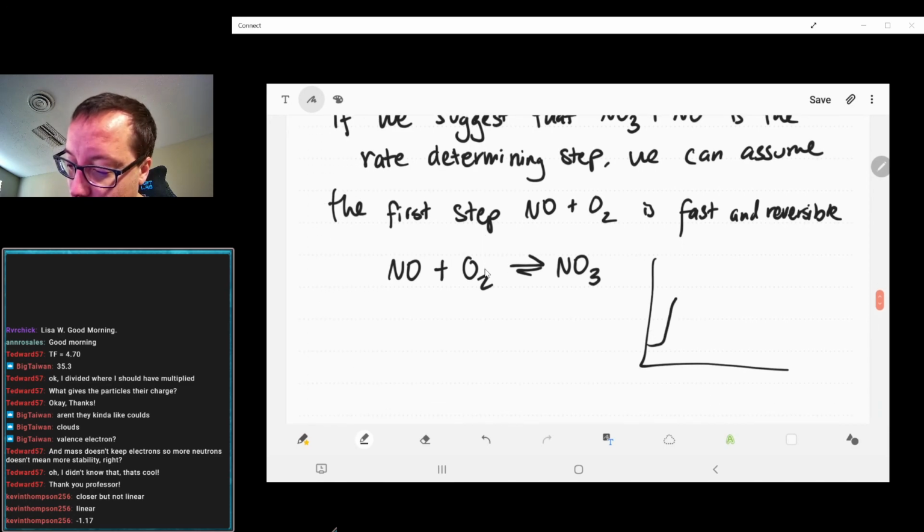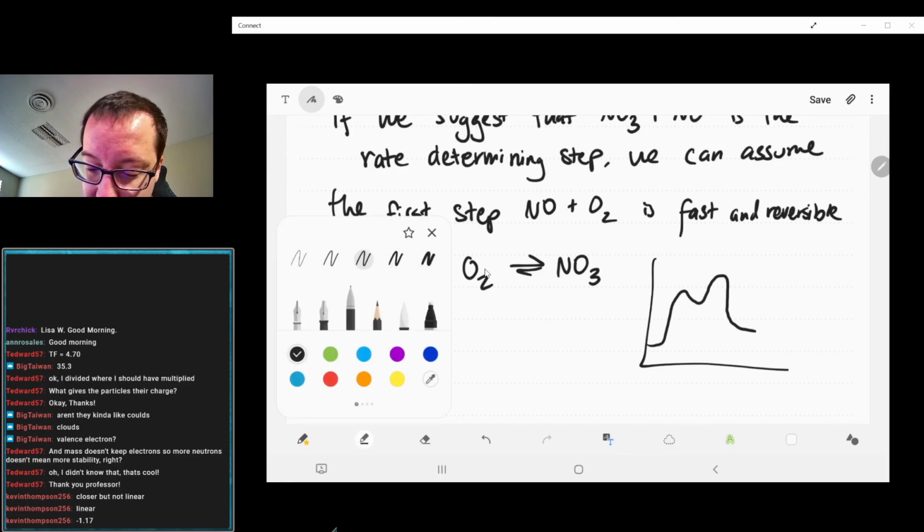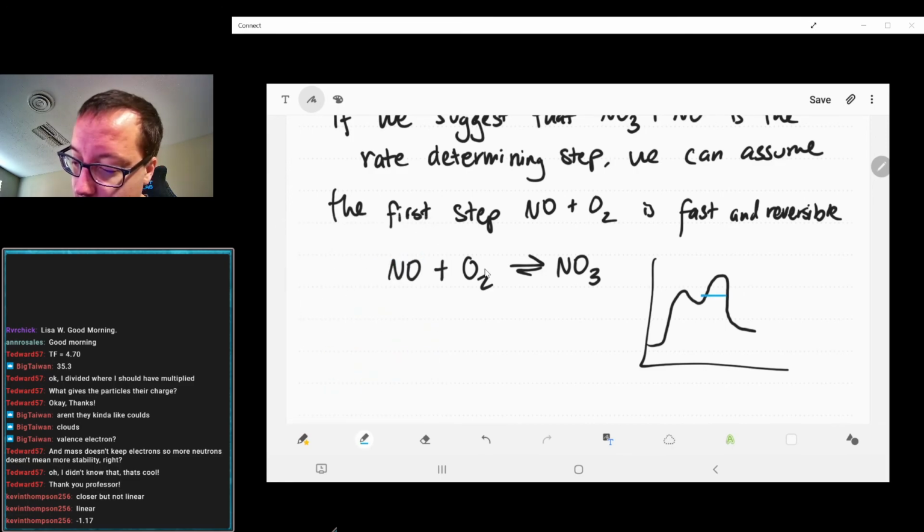If our second step is the slow one, that says to us that if our NO3 here, which is our intermediate, is just chilling there, it has enough activation energy to go right back down again.